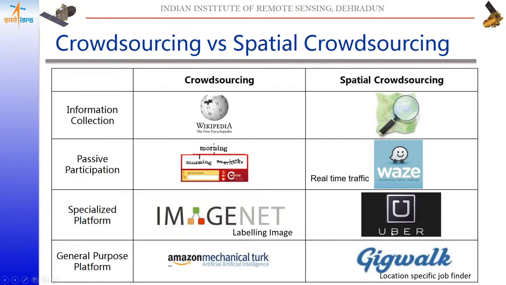Uber is for spatial crowdsourcing. Among general purpose platforms there is Amazon, or Gigwalk, a location-specific job finder. So for whatever crowdsourcing, we have an alternate spatial crowdsourcing application currently available on the web.